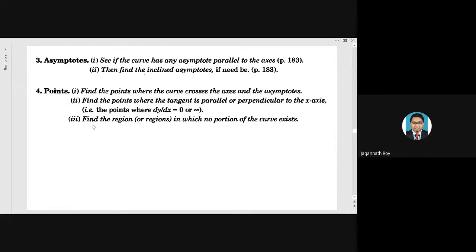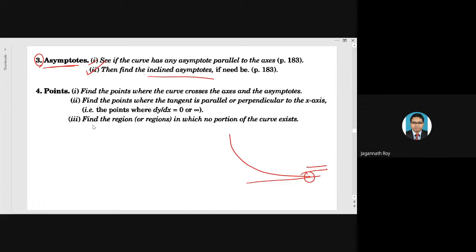And then we have to understand the asymptotes, whether any particular line is an asymptote or not. It may look like they are matching at some point, but if you zoom in here, then again you will see that there is a difference. If you try to find out whether these parallel lines are actually asymptotes or not, then you find the inclined asymptotes.